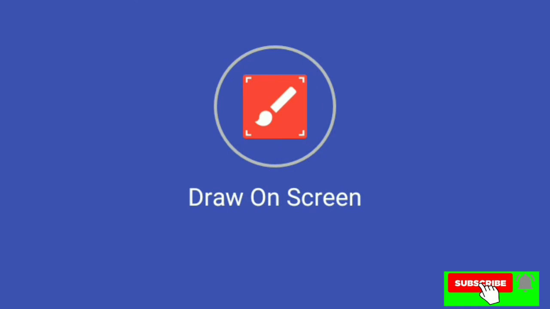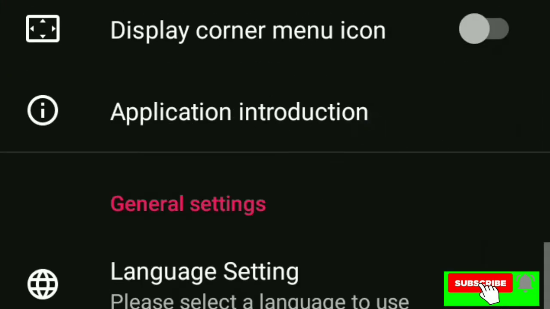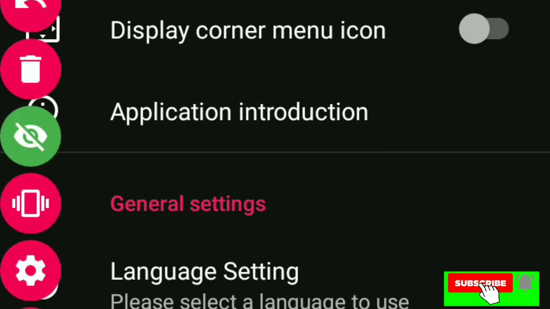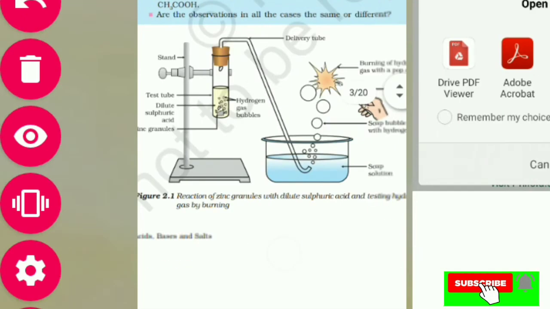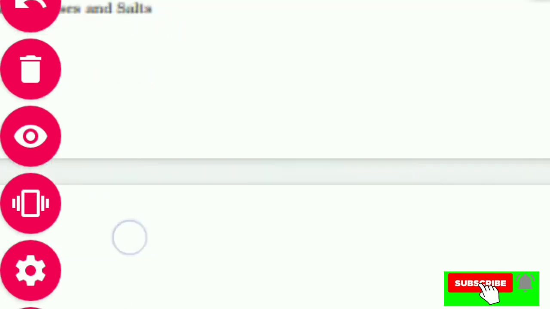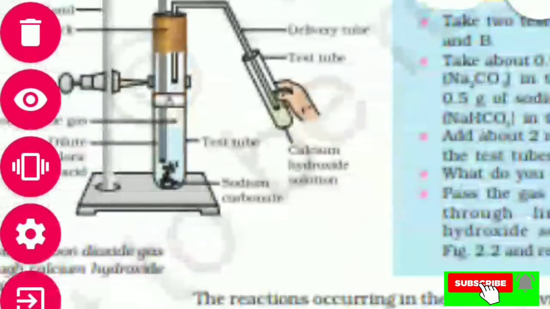It is opening, and I am using it. Then start. Okay. I am going to this. Then take this.